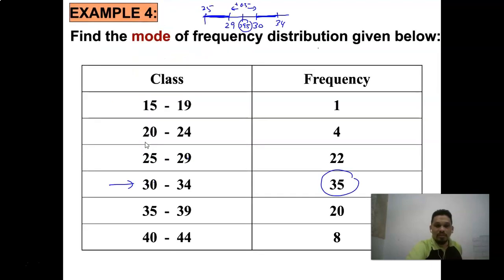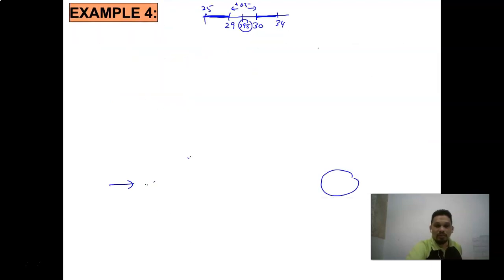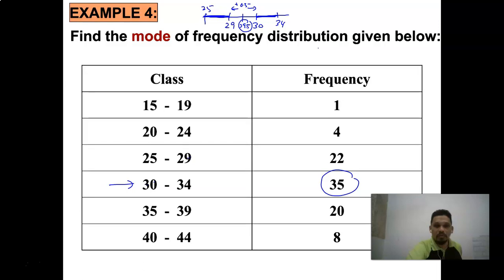So what is the definition of D1 and D2? You may refer to your lecture notes. D1 is the difference between the frequency of the modal class and the frequency of the class immediately before it. So it is between 35 and 22.